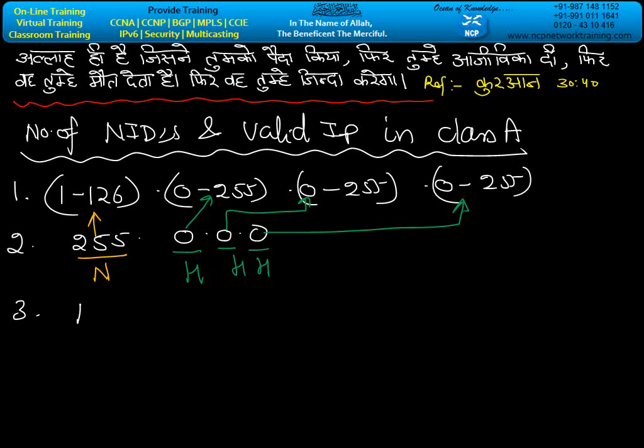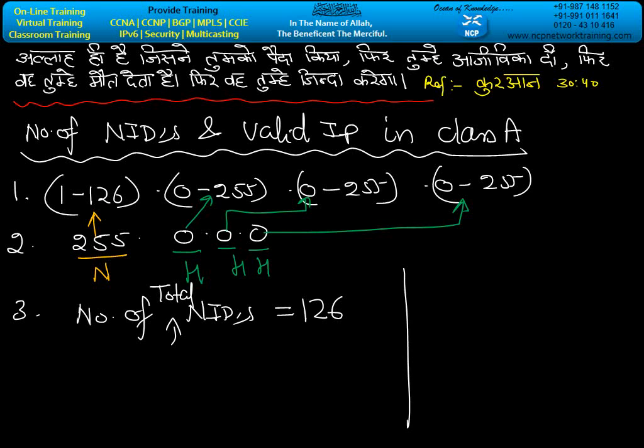In step number 3, number of network IDs. The number of NIDs in step number 3 will be 126. We can make only 126 total NIDs in class A, because if we write 1.0.0.0, it's a NID: when all host bits are 0, that 32-bit number is known as a NID.